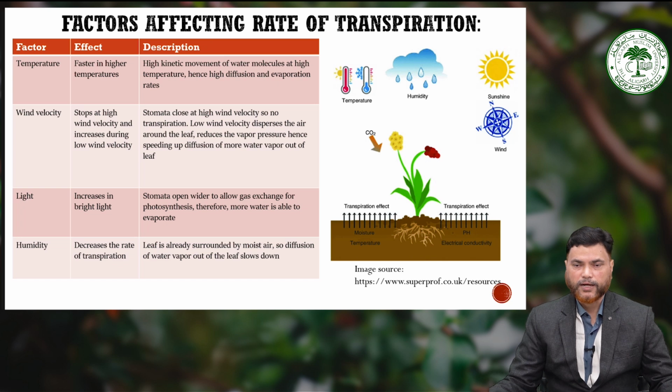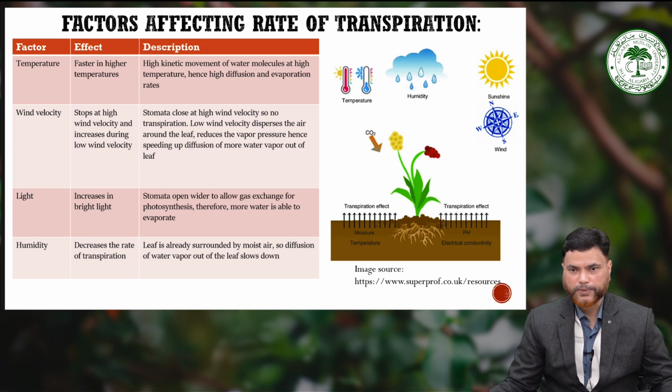Higher light intensity typically leads to an increase in transpiration rate. This is because light stimulates stomatal opening, allowing for greater water loss through transpiration. Additionally, light triggers photosynthesis, which generates energy required for the opening of stomata and the movement of water molecules from the roots to the leaves.